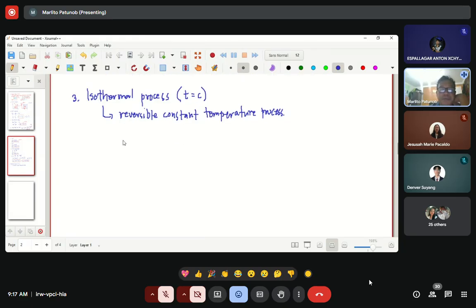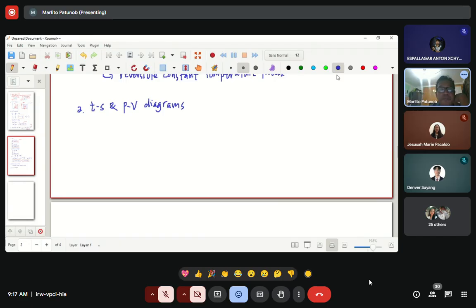So, I will go directly to letter A. We have the TS and PV diagrams. Okay. So for the TS diagram, the temperature is still constant.